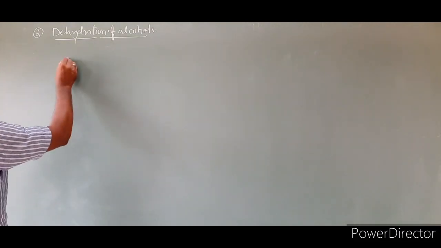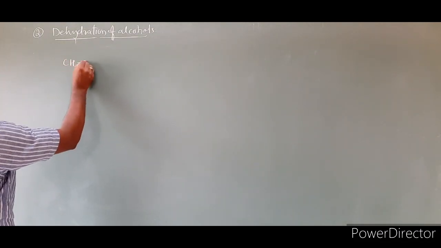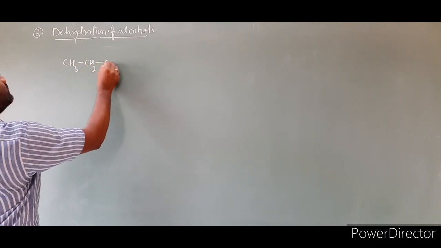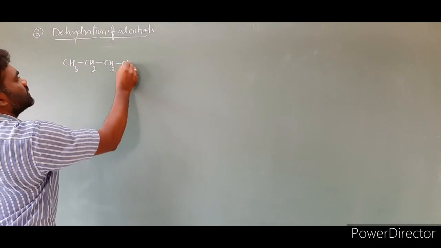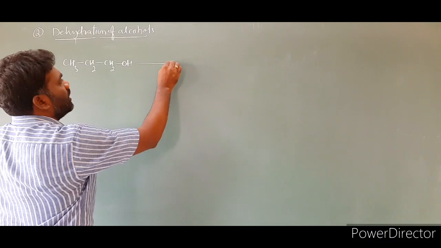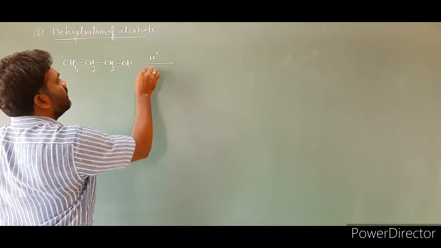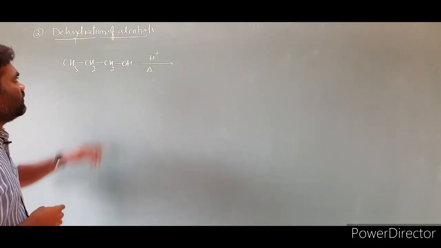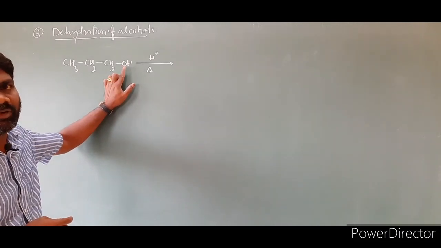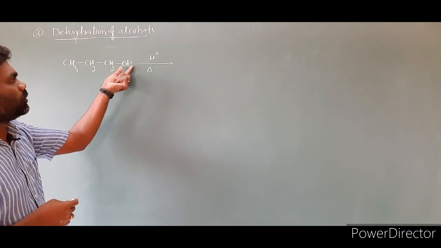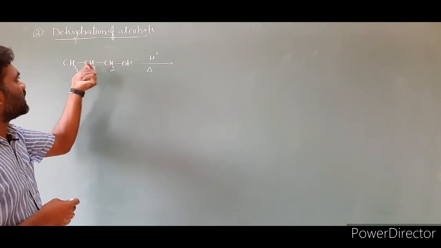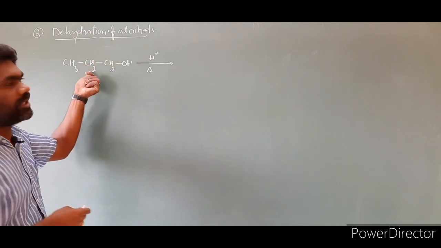The first example I am taking is CH3, CH2, CH2OH. Then upon treating with H plus followed by heat, dehydration, we have to remove this water molecule. How do you remove? Between the carbon where the OH group is there and the next carbon, from this you can remove one hydrogen.